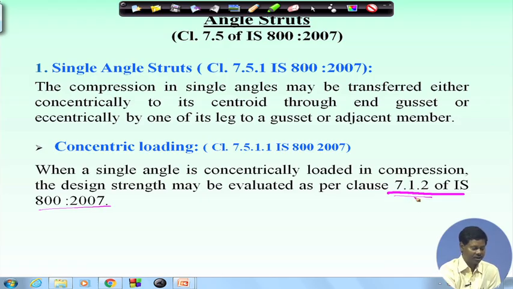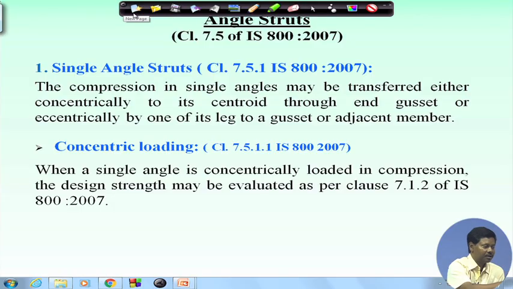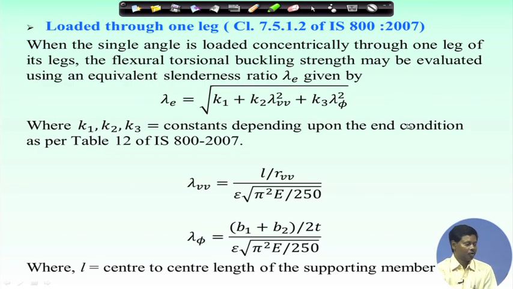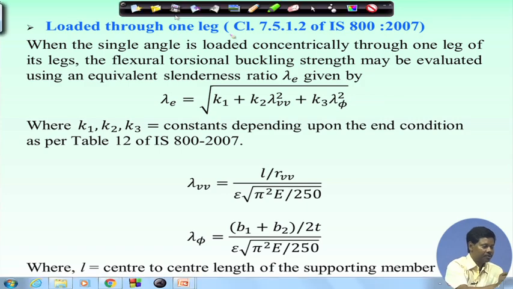When it is concentrically loaded, the design formula which we have already discussed, given in clause 7.1.2, will be used. However, if this is not concentric, then we have to go for another clause, which is clause 7.5.1.2.